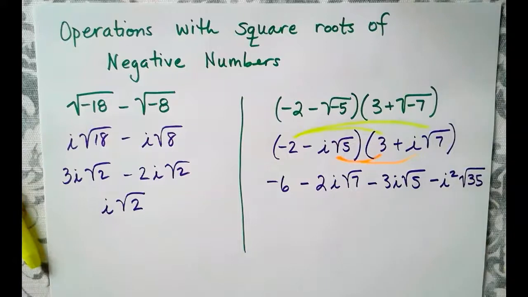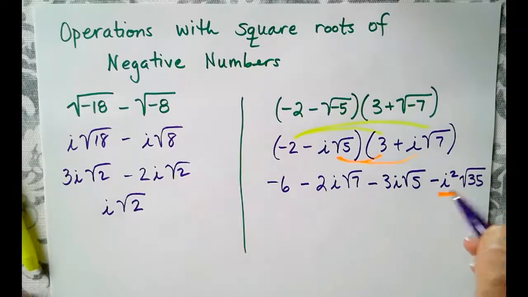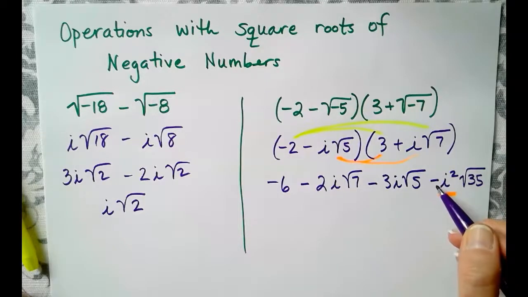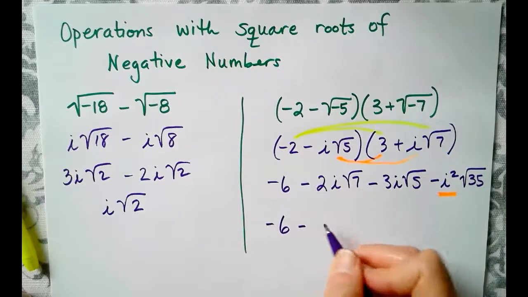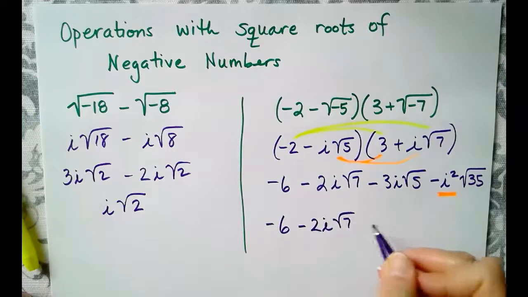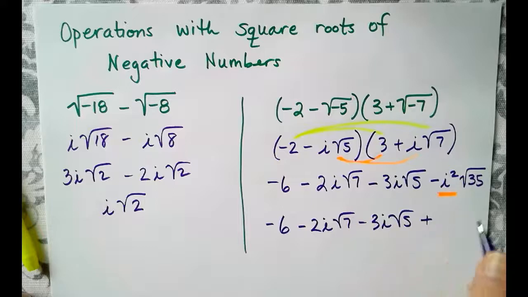Now our last step is to simplify that i squared. i squared, of course, is equal to -1. So basically all it's going to do is change that sign, and we end up with -6 minus 2i root 7 minus 3i root 5 plus root 35.